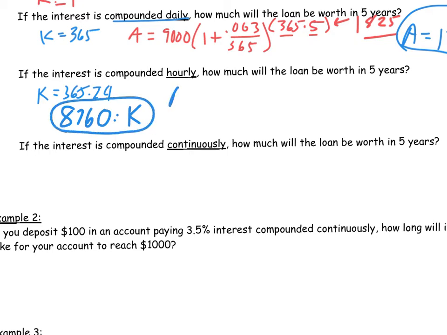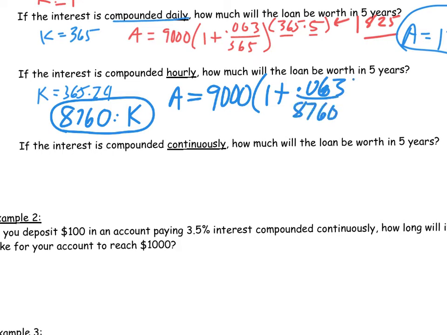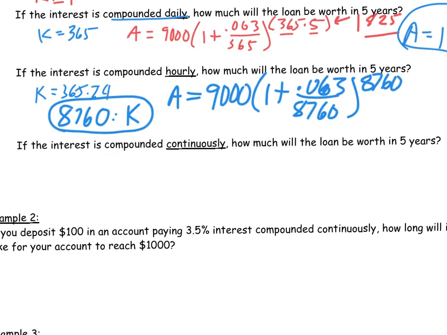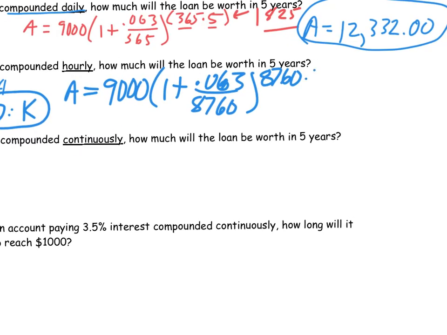So plugging this in, it's the same thing, except K is different. Now it's compounded more, so I should make a little bit more money in the interest. Okay, so it's 9,000, because that's my P, initial amount, 1 plus the percentage rate, 0.063, all over 8,760. To the, okay, so this is K, 8,760 times 5.